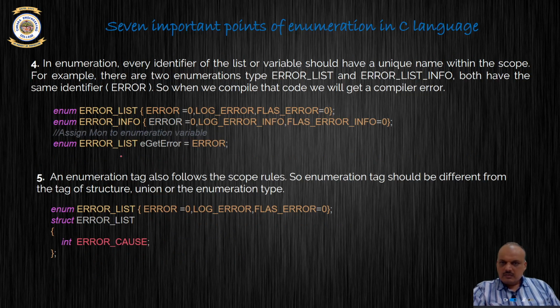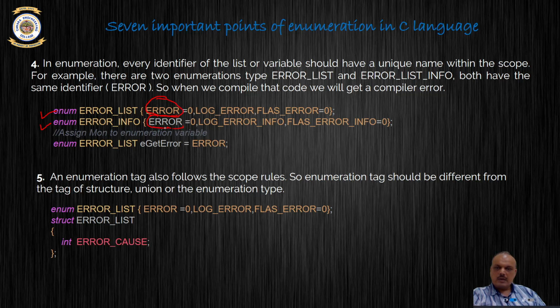Rule number 4. There can be multiple enumerator types in a C program, but no two enumerator lists should have the same name in their list. So out here I have a code which has two enumerators, which are error list and error info. That is perfectly fine, but the problem out here is that both these enumerators have the same name error in them.